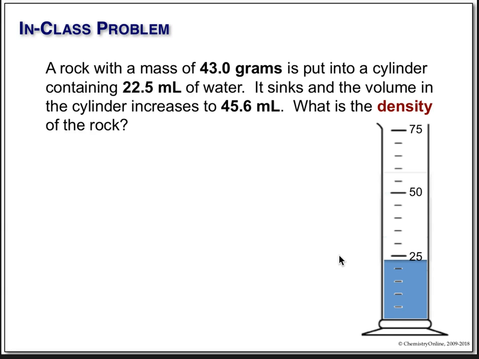You're actually going to do this in lab, not for the rock, but close enough. What you're going to do is take the rock and put it in a graduated cylinder with some water in it. So what you do is you start off measuring. Initially, we're at 22.5. We add the rock, and we go up to 45.6.